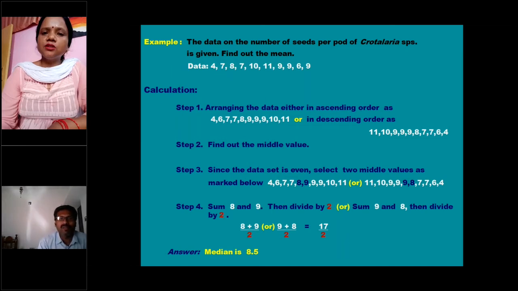Whatever the case, in the next step we sum these values and divide by 2, then we get the median. So 8 plus 9 by 2 in the ascending case, 9 plus 8 by 2 in the descending case. In both cases, the total sum is 17 divided by 2, and we get the median as 8.5.